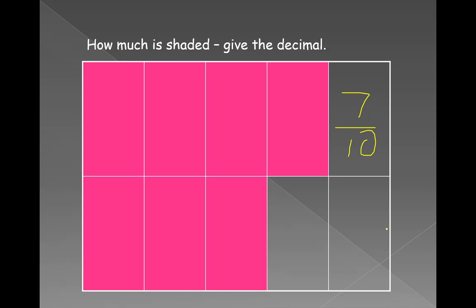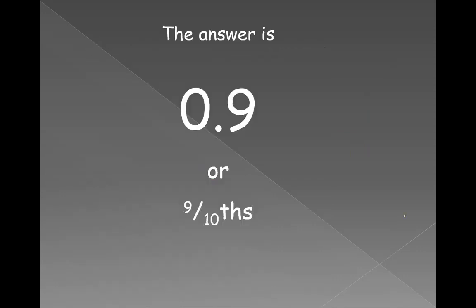What's this one, do you think? First tell me in tenths, and then tell me as a decimal. Okay, let's see if you were right. I hope you were right. Cool. Excellent. What about here?